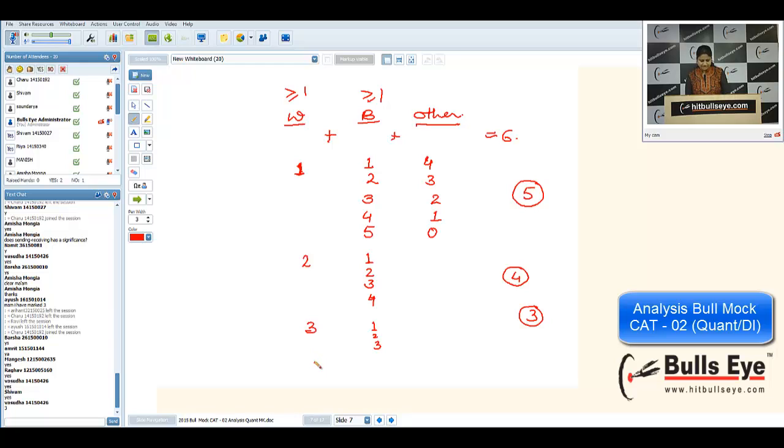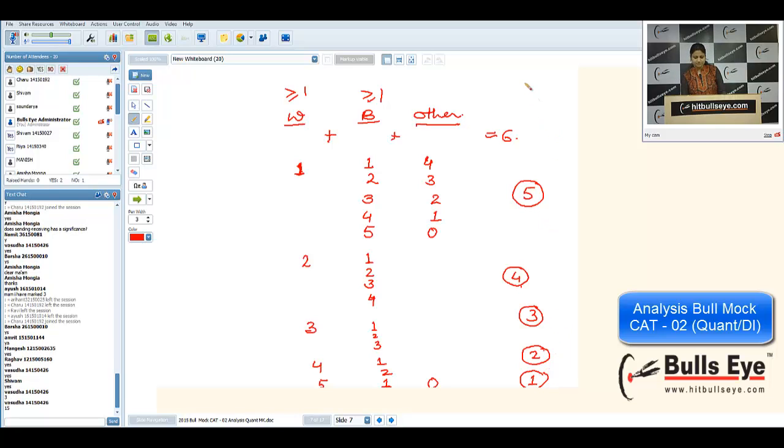Again, I'm considering 4. If I take 4, it will be 1, 2. 2 more cases. Now I'm left with the last case 5, where 1 is the blue ball and 0 is the other ball. So how many cases are possible? 5 plus 4 plus 3 plus 2 plus 1. That is 15 in total. So these 15 cases are possible.